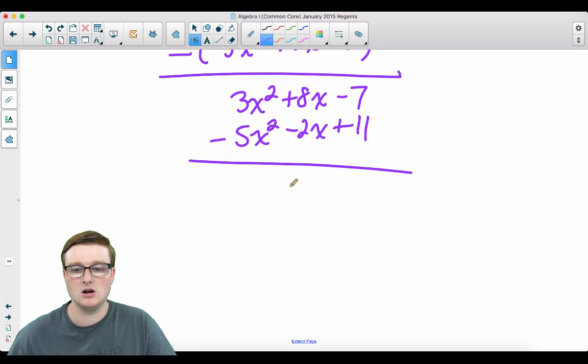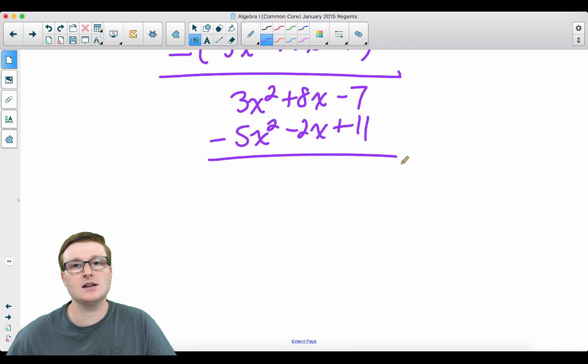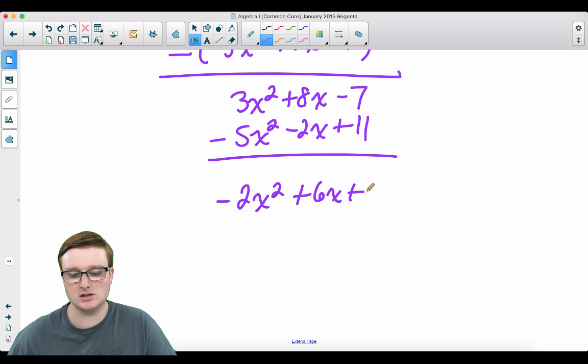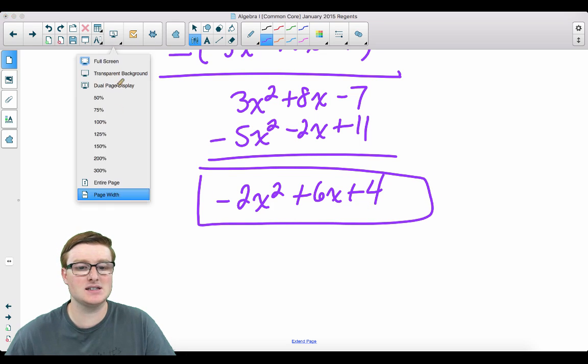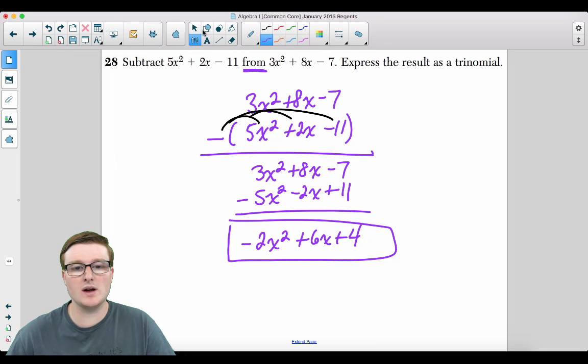So now we're just going to draw our line and solve. So we get -2x squared plus 6x plus 4. And that's it, as simplified as it's going to get. So that is your answer, -2x squared plus 6x plus 4.